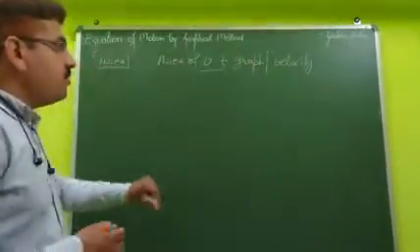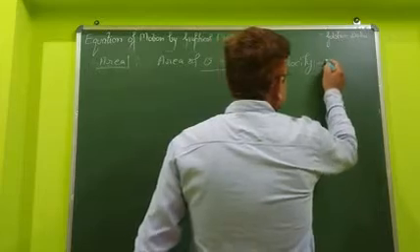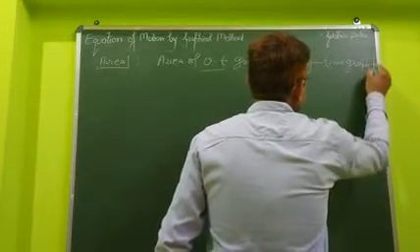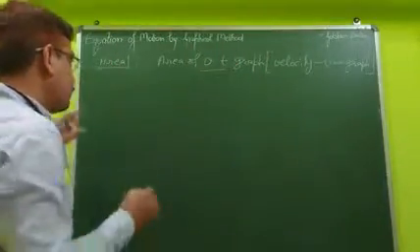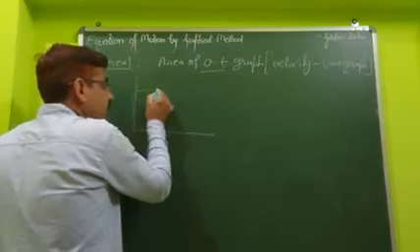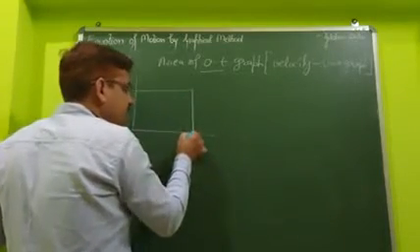So the area of the VT graph, that is the velocity time graph. This is the velocity time graph. Now see here, now I will take the area.